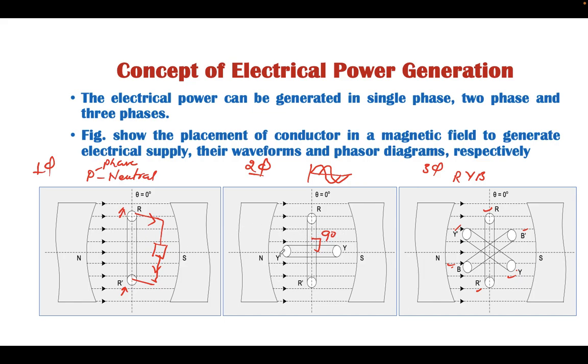In a two-phase system, we have two conductors, so the phase sequence will be either 1 to 2 or 2 to 1. In a three-phase system, since we have three conductors, the phase sequence may be RYB, or it may be RBY, depending upon the placement of these three conductors.